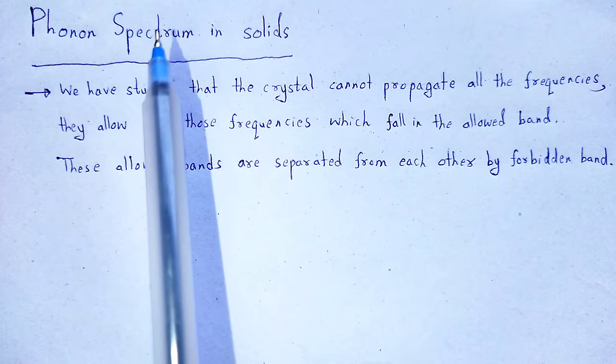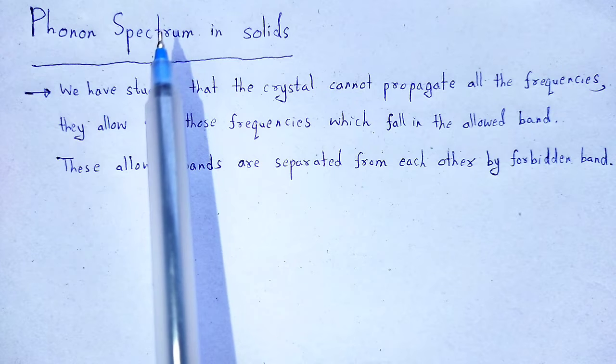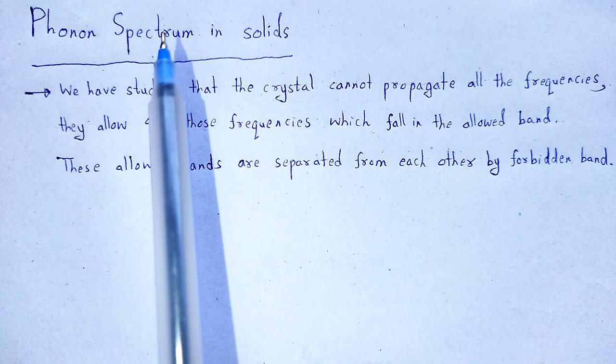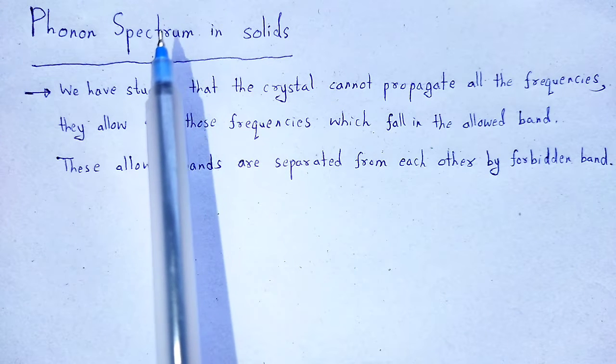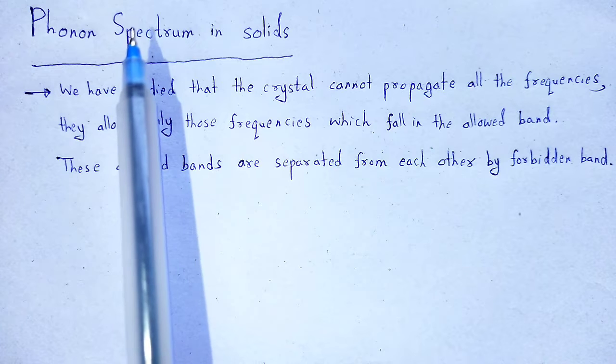Due to this transition, the electron going from ground state to excited state and also from excited state to ground state, the transition creates the spectrum in case of atoms.